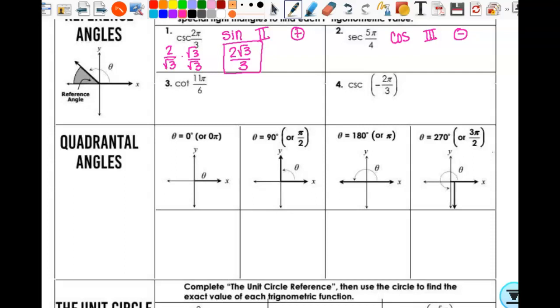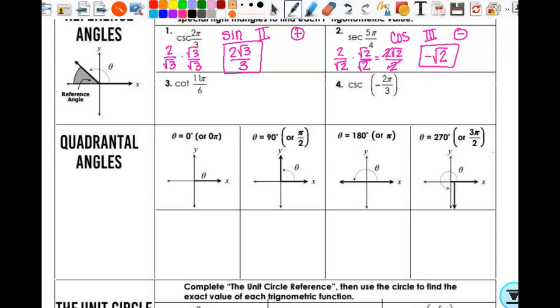The cosine of pi fourths is square root of 2 over 2. So that means the secant would be 2 over the square root of 2. And then we rationalize. When you rationalize this one, you get 2 square roots of 2 over 2. But that just gives you square root of 2, and it's supposed to be negative square root of 2.